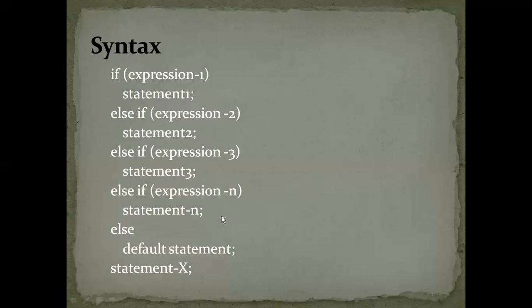There are many alternatives, and among them we are going to find one. If expression 1 fails, then go to the else part, and it will execute the default statement, which will be statement X.